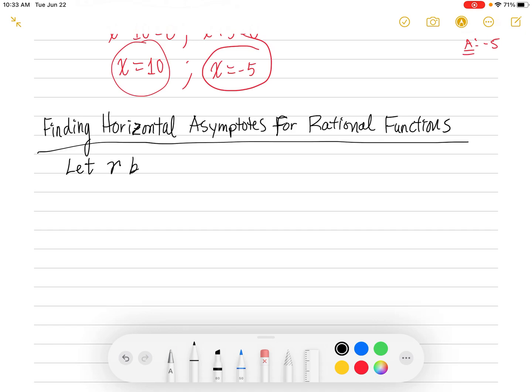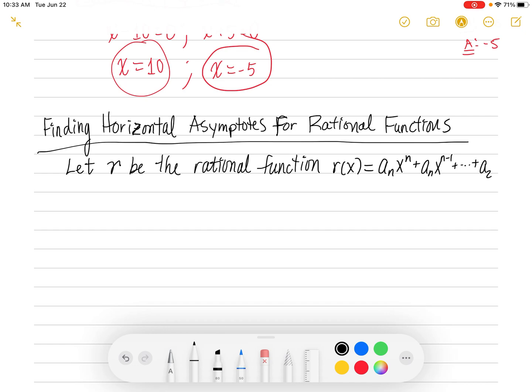Okay, so let's say we have a rational function. Let r be the rational function r of x equals, and let's say on top I'm going to write my polynomial as follows: a_n x to the n plus a_(n-1) x to the n minus 1, and so on and so forth, a2 x squared plus a1 x plus a0.